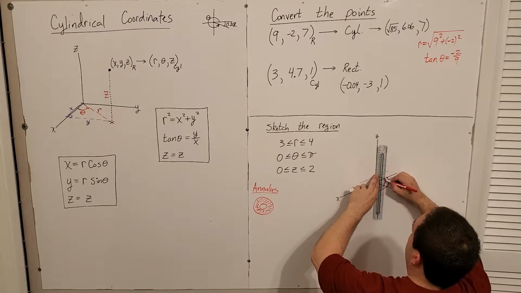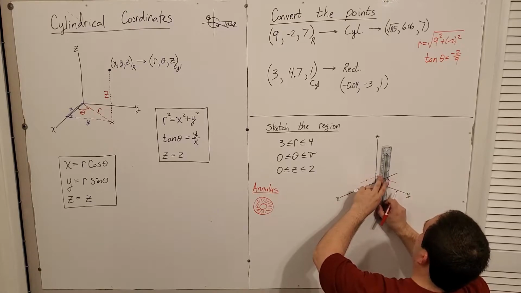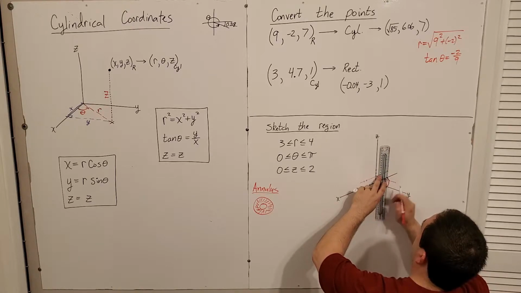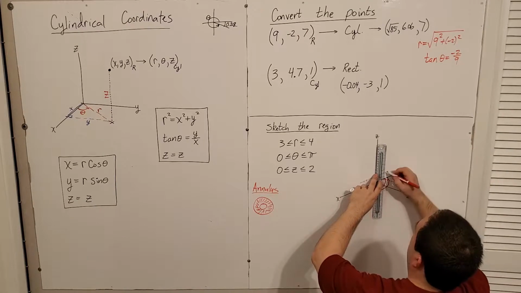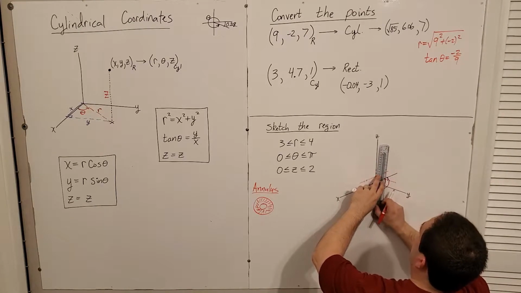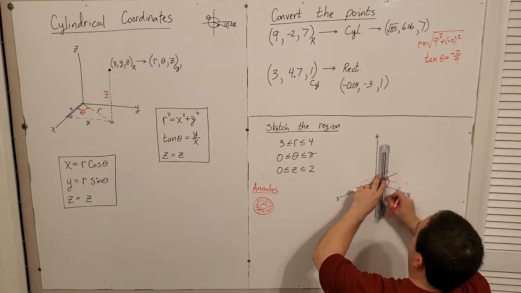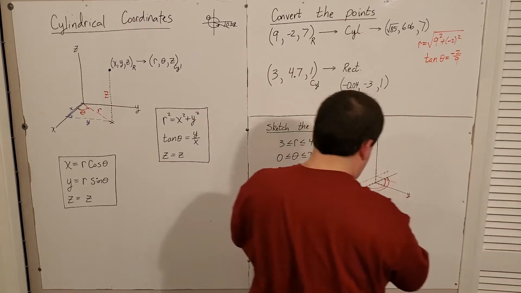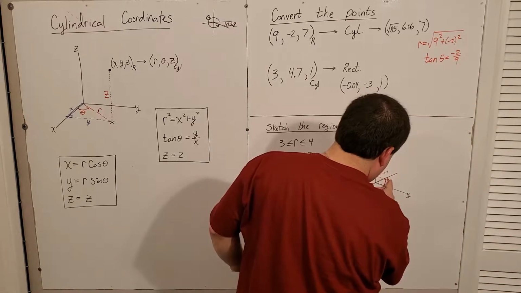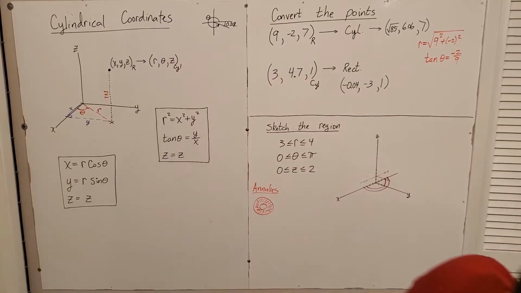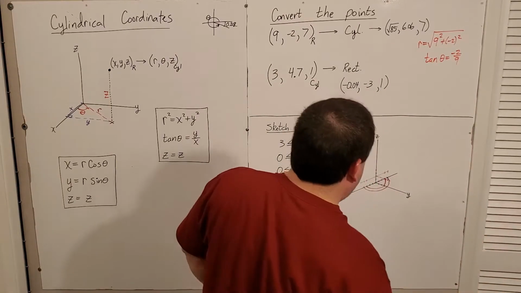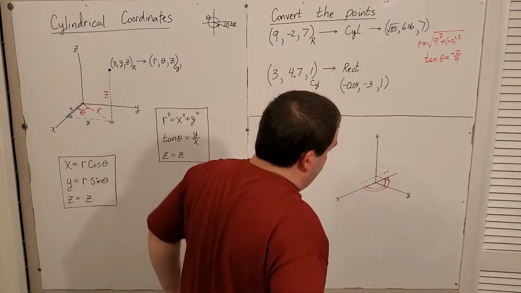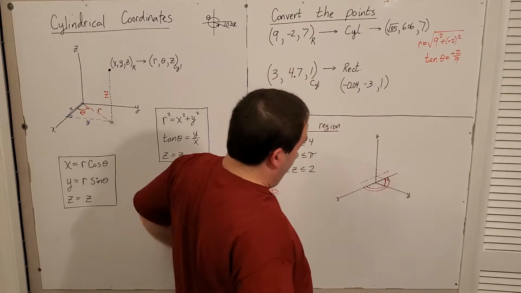So that would be here and here, here, and here. Okay, I think I'm just about ready to get it. Let me draw the top one in blue so that we can tell the difference here, right?